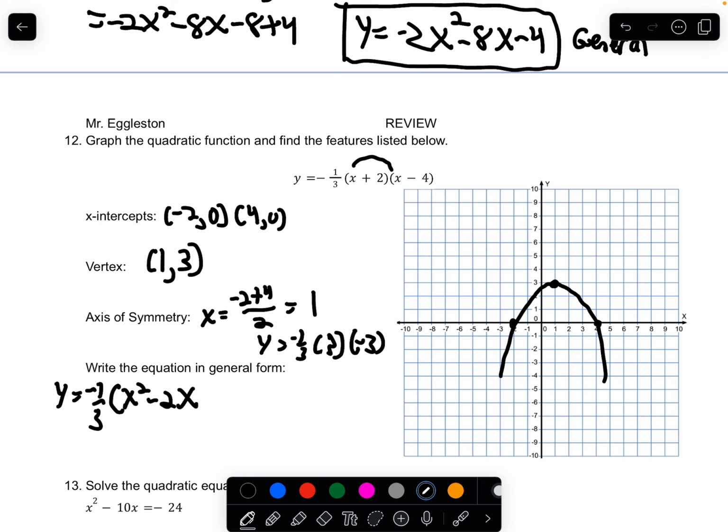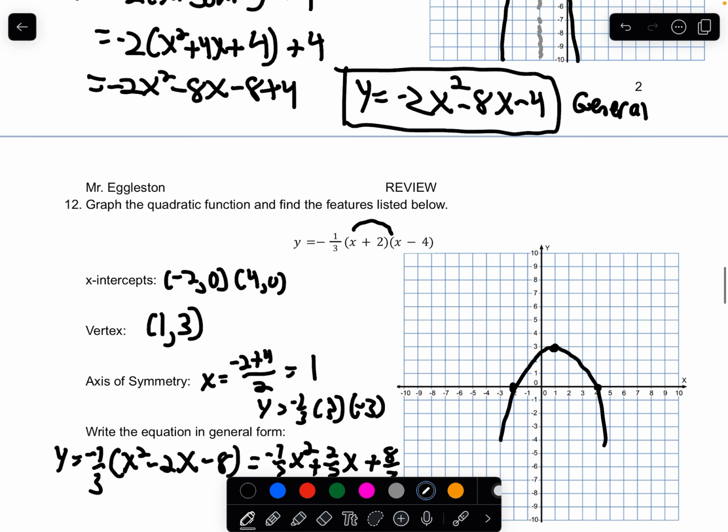And 2 times -4 is -8. And so in general form, you're going to have fractions, but it's just multiplying in the -1/3. You have -1/3 x squared plus 2/3 x plus 8/3. Yes, it's all kind of fractiony, but it's not that hard.